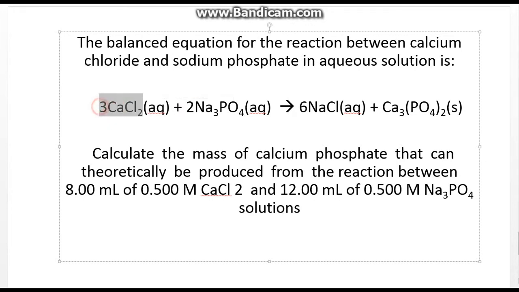So this is kind of like if you're trying to bake a pie and each pie takes 3 bananas and 2 apples, and you've got basically 8 bananas and 12 apples. What is going to be the limiting reactant?